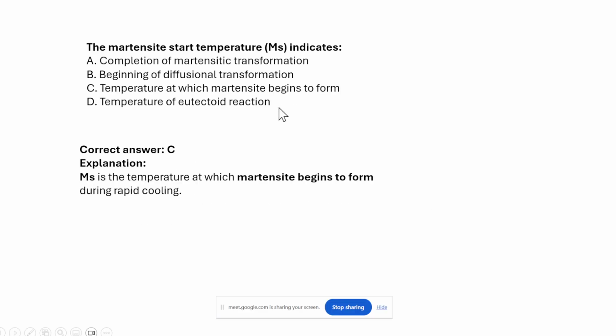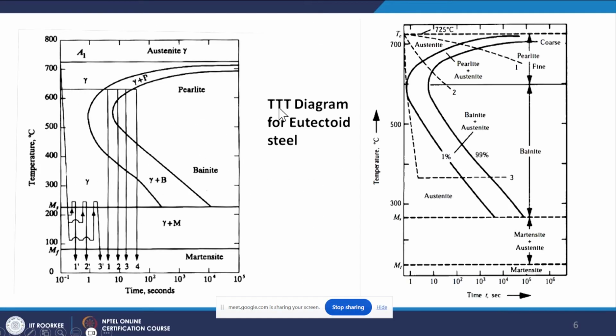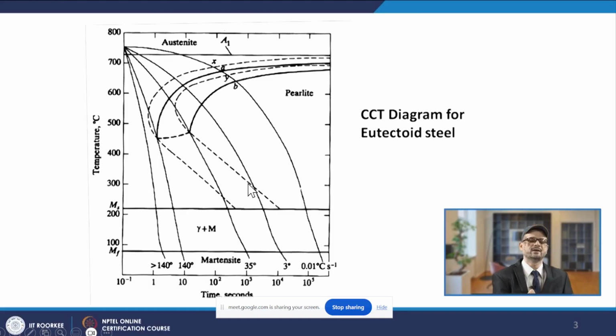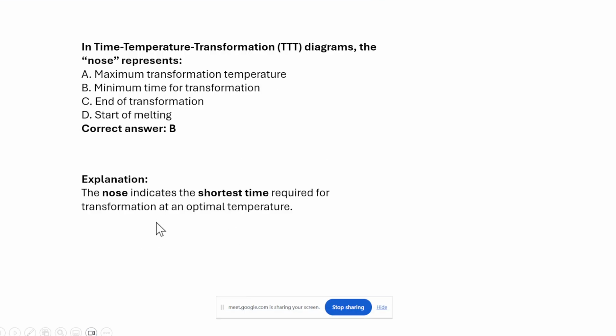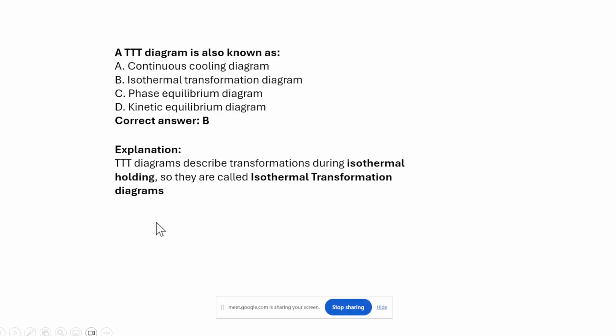Here you can see the difference. The TTT diagram says which phase will form at which temperature and how it forms. The CCT diagram is the same thing, but showing the cooling rates. So here we can get finer and coarser pearlite, finer pearlite, gamma plus martensite, and the martensite phase, and so on.